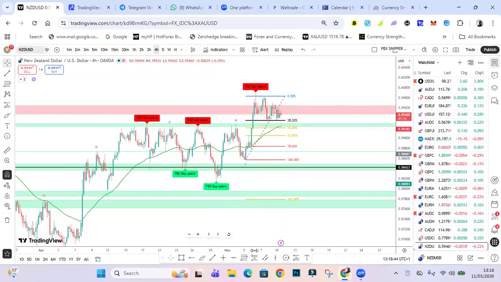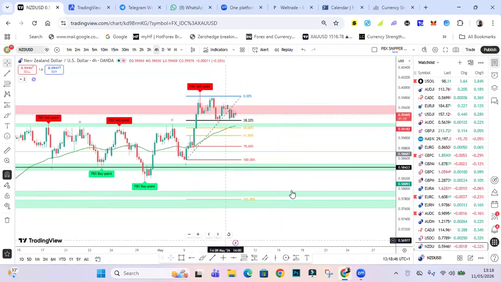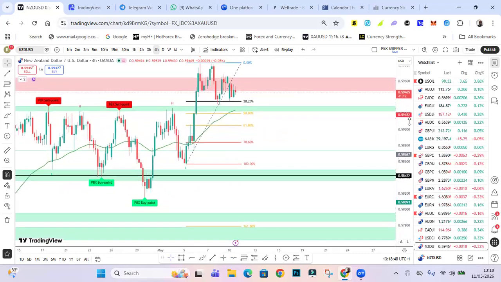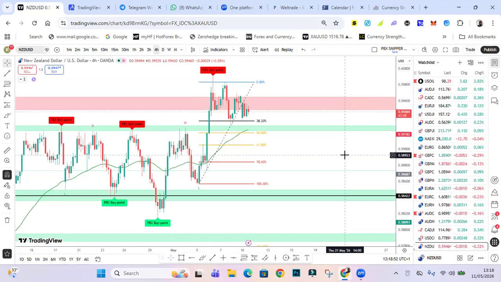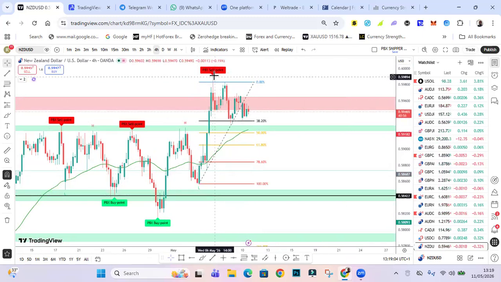For this, we are bullish, and I believe we should be looking for buys, except otherwise the discount level is broken below the previous low. This is the current low that we have, and there is a high here, irrespective of the fact that this candle is covering it. So this is the low, and this is the high.